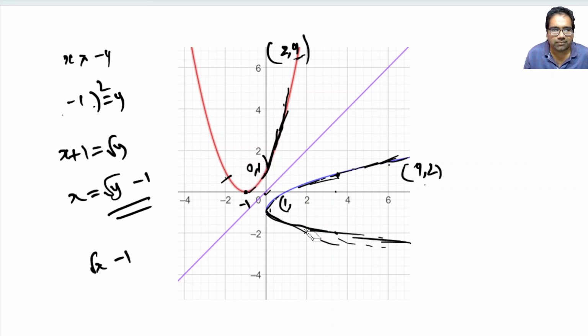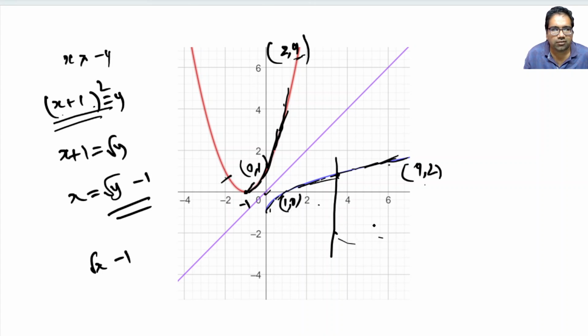So when we do inverse, we can do inverse of only the continuously increasing part of a function or the continuously decreasing part, but not both together. That means they are one to one also. Otherwise, you will get a graph which has two y's for the same x.